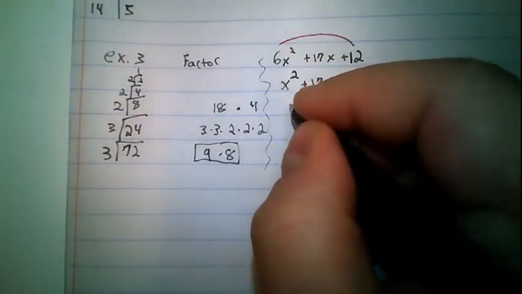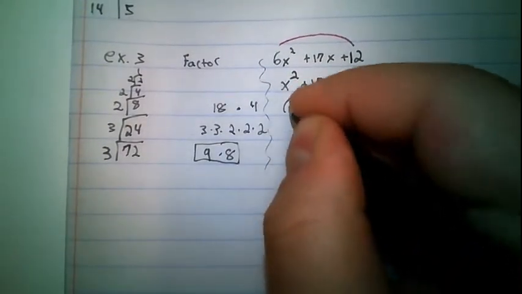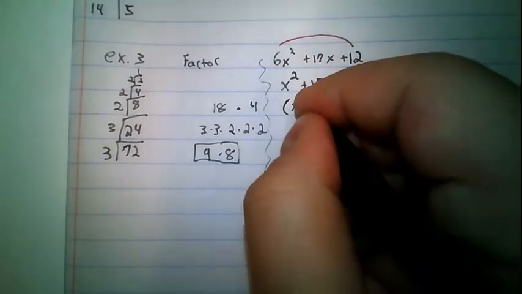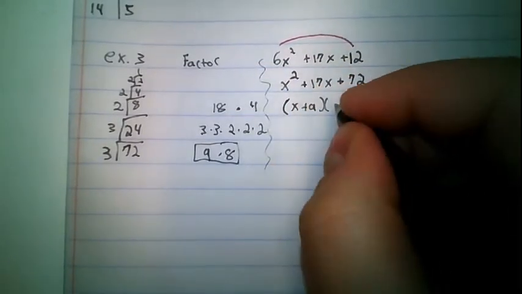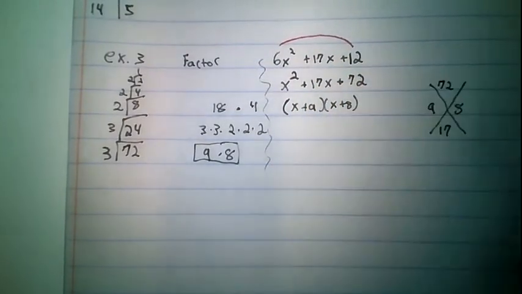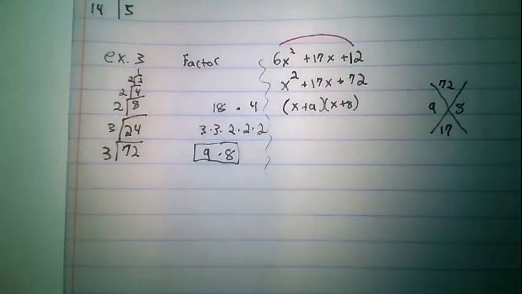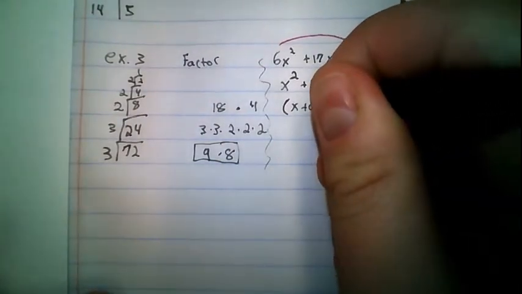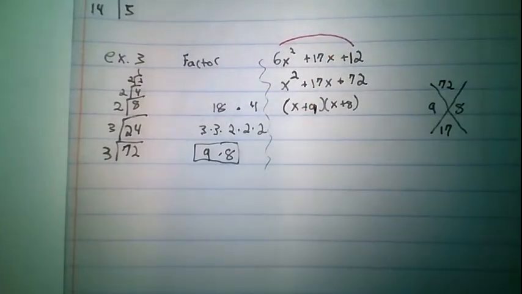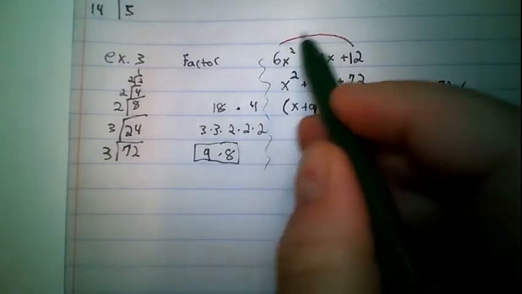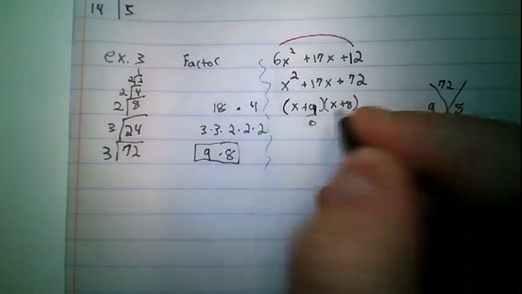So now we're going to set up our parentheses. This becomes x plus 9 and x plus 8. We're not done yet. We have to undo that multiplication. So I now do my division. This is the 9. So I multiplied by 6, so I have to undo that. So I divide by 6.